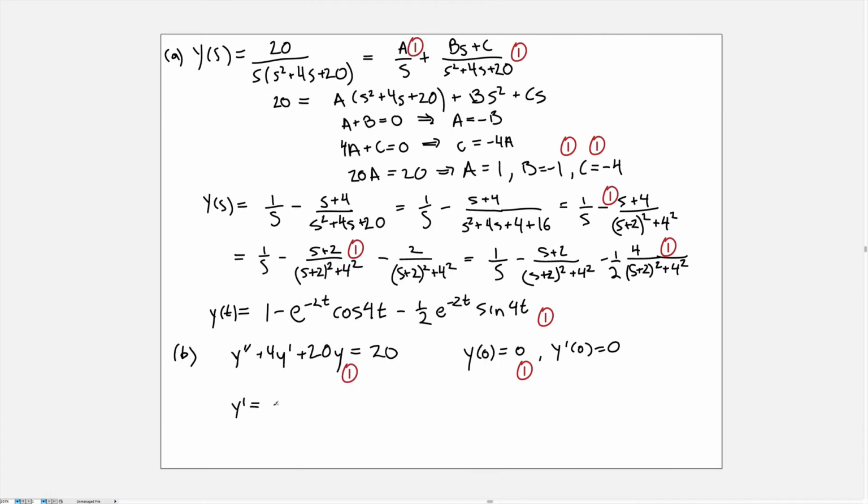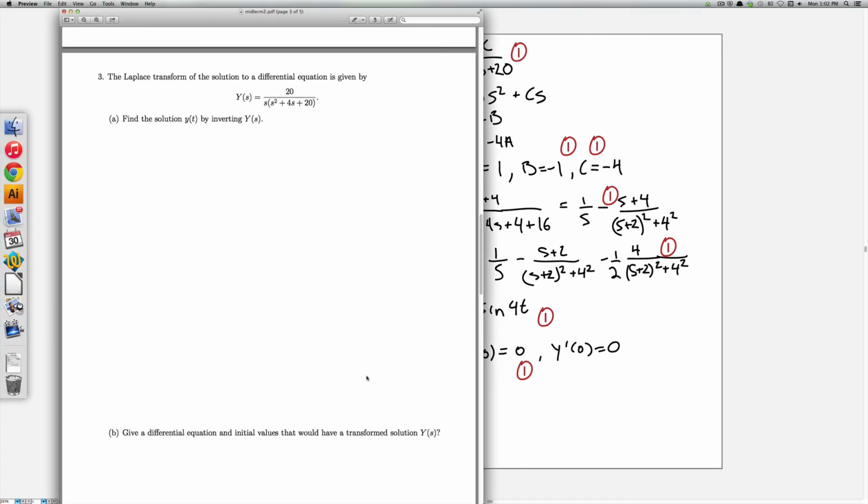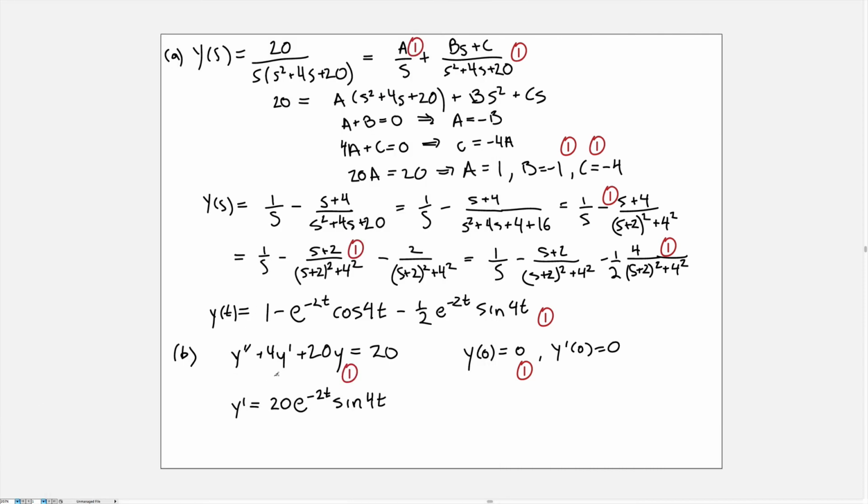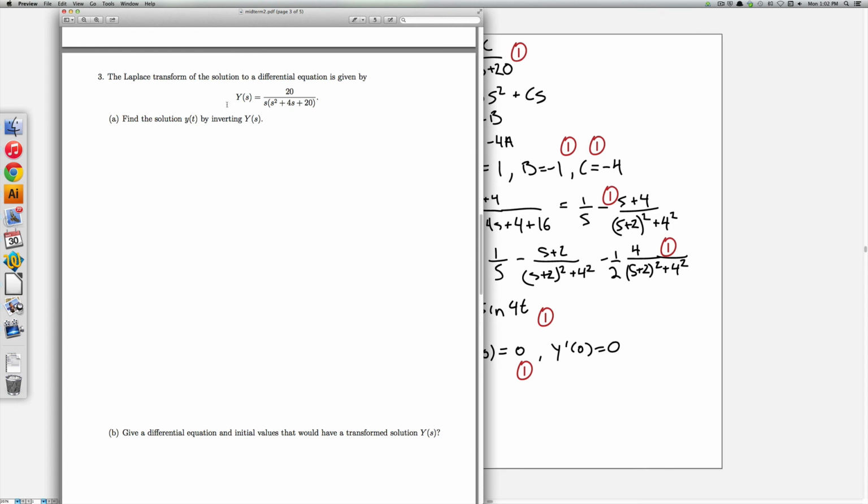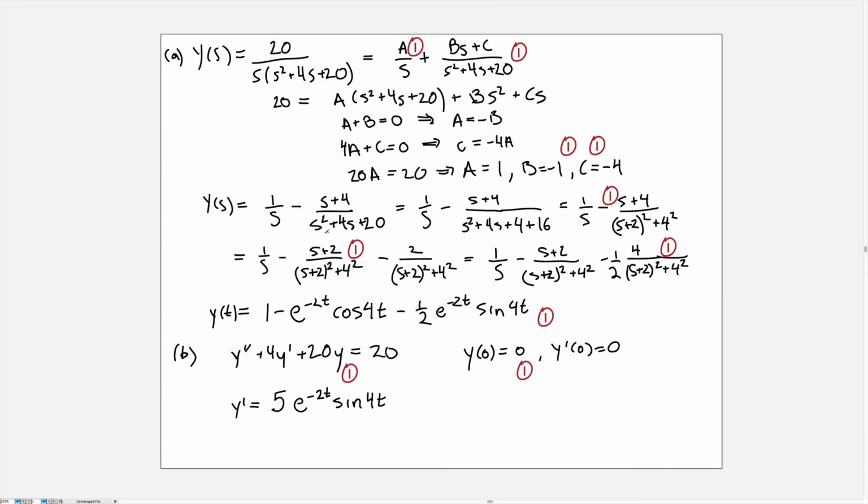And so now in that case we'd have an e to the minus 2t times the sine of 4t, and so that 20 would actually be partly a 4 from the transform and a 5 from the original function. So we actually need a 5 in there. And when you take the transform of this, you would get exactly the pieces that you need to get this Y of s. And so in this case, again, y of 0 is equal to 0.